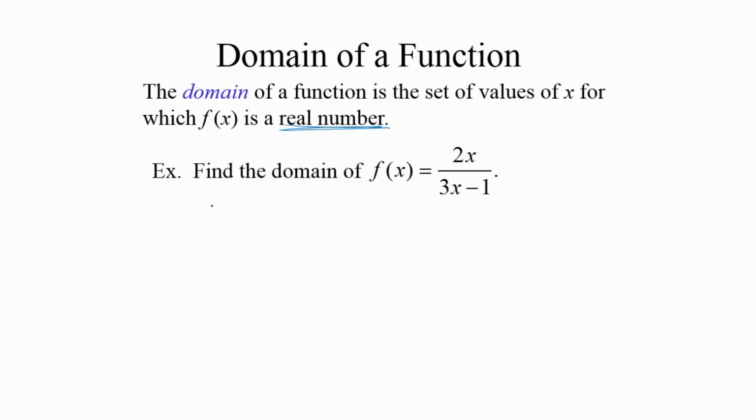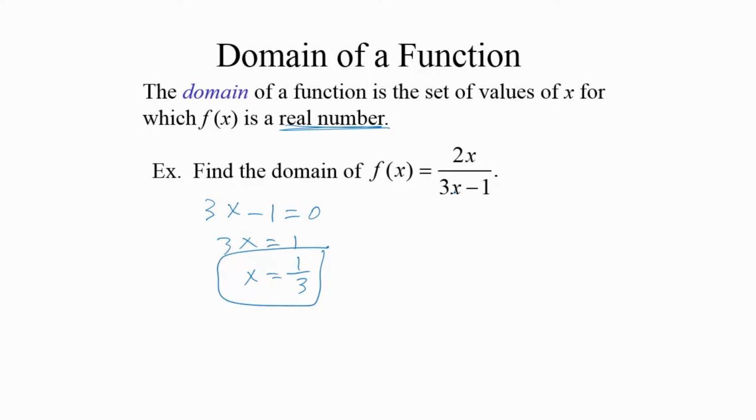I solve the denominator for 0. So 3x minus 1 equals 0. That means 3x is equal to 1. That means x is equal to 1/3. So for x equal to 1/3, the denominator would become 0, and something divided by 0 is undefined.